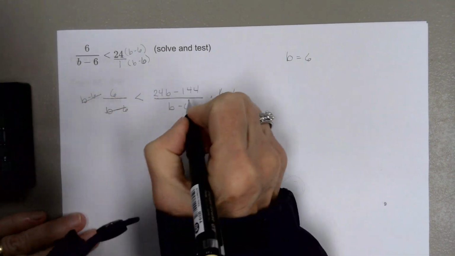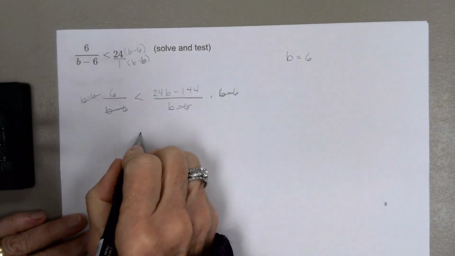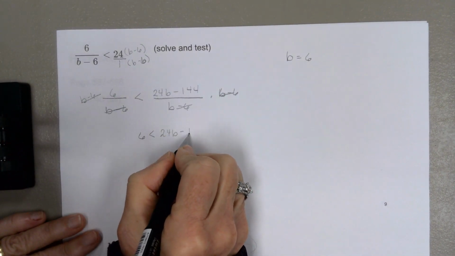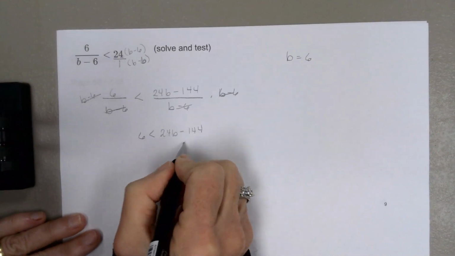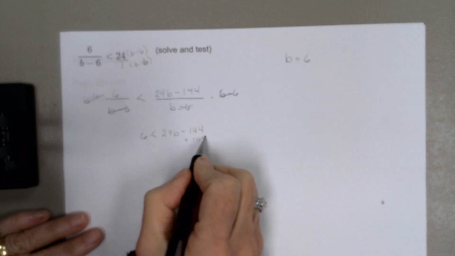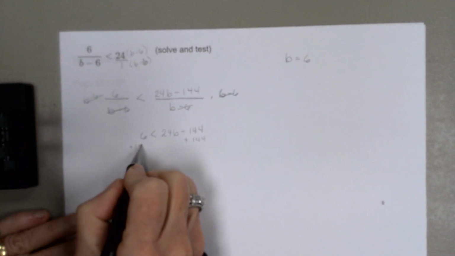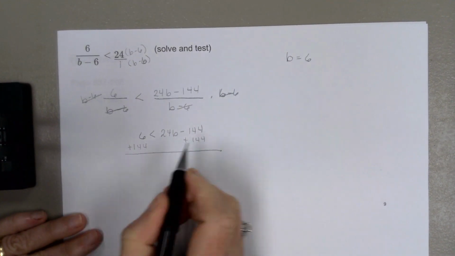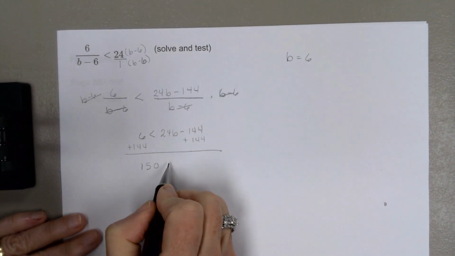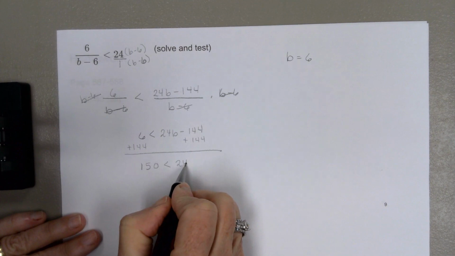So it marks out there, and there. So I get 6 is less than 24b minus 144. I can add the 144 to both sides, which is going to give me 150 is less than 24b.